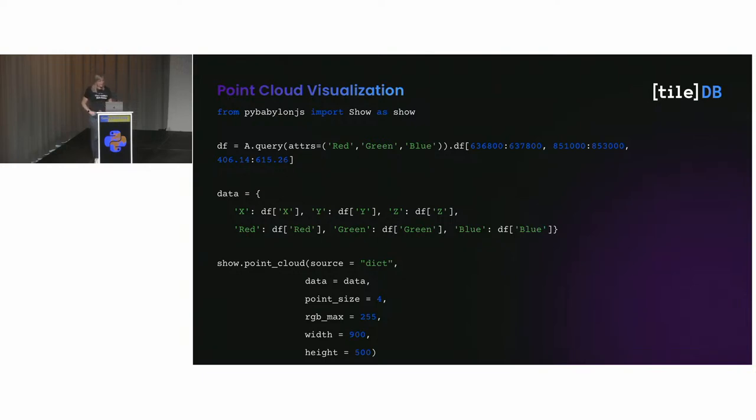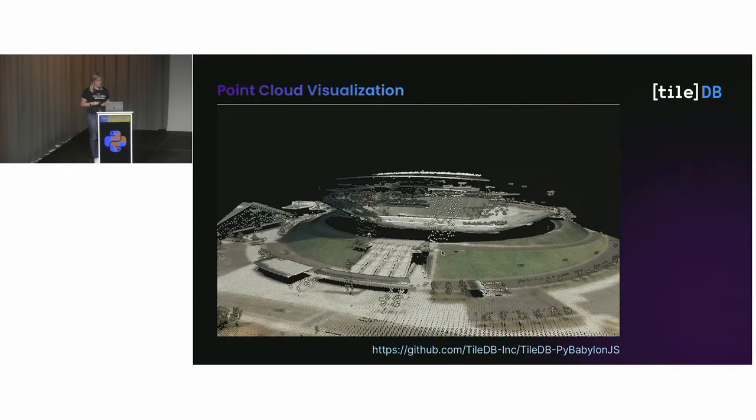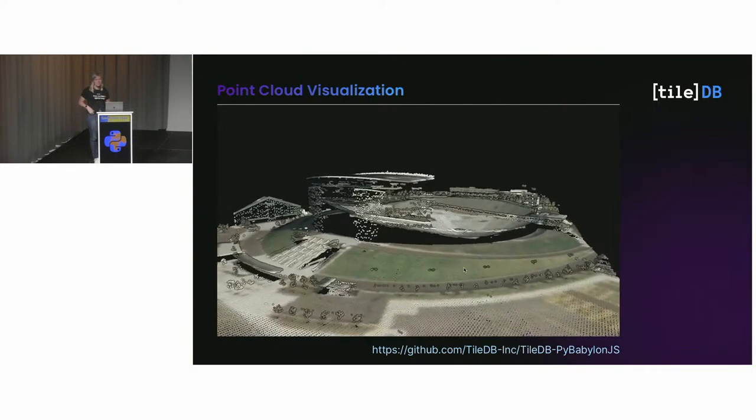And in this case, I just query a little bit of my data. I think this was about 1.6 million points in the end. Have to convert it just to be able to play around with this into a dictionary, and then show my point cloud and I can just set the point size, the width, height of the frame and everything. So this just shows up inside your Jupyter notebook, and it worked.